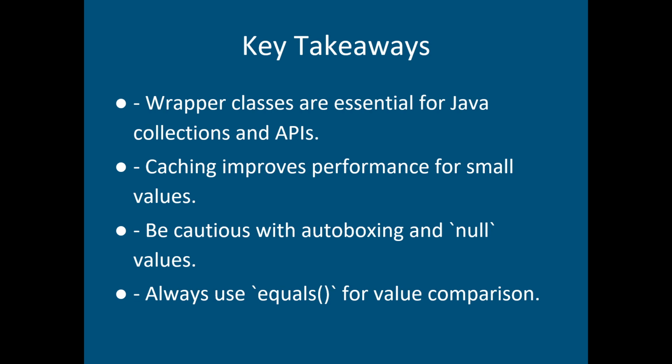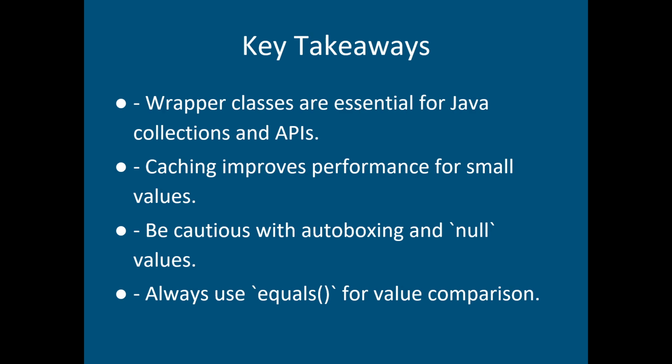So what will be the key takeaway? I have already discussed that wrapper classes are very essential for our collections, generics and custom APIs, and that they cache some small values for performance optimization. And I have shown you that you have to be very cautious whenever you are dealing with null values and autoboxing and unboxing is happening.